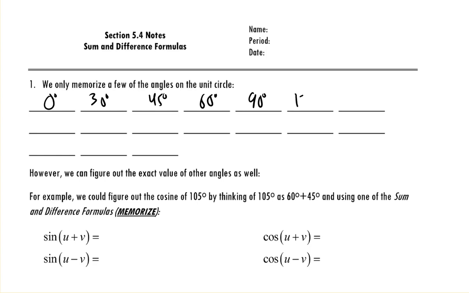And then with sine and cosine, we can find any of them. And then in quadrant 2, we know 120, 135, and 150. Let's see, 210, 225, 240 are the ones from quadrant 3 we're supposed to recognize and be able to deal with quickly.